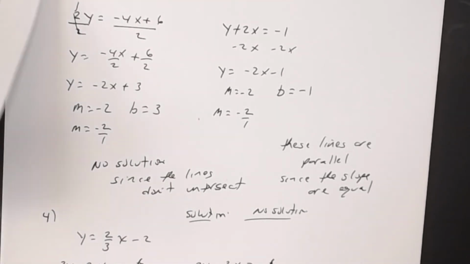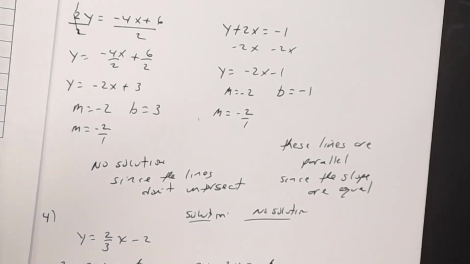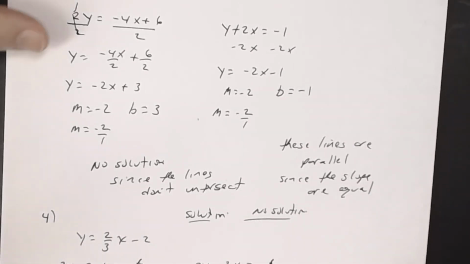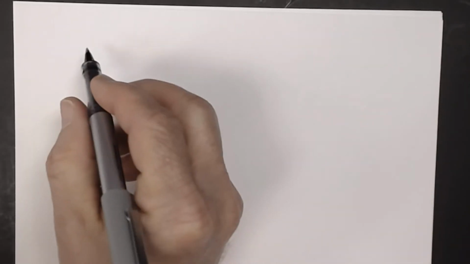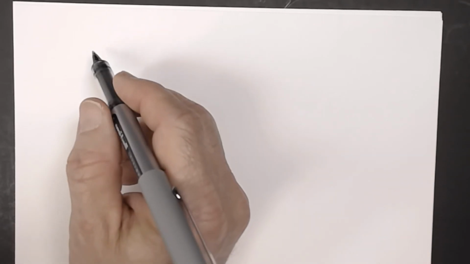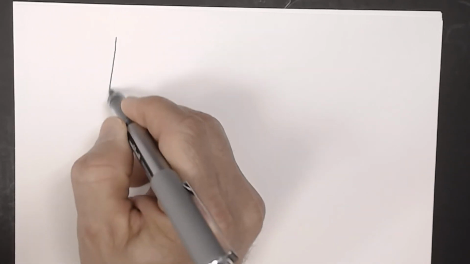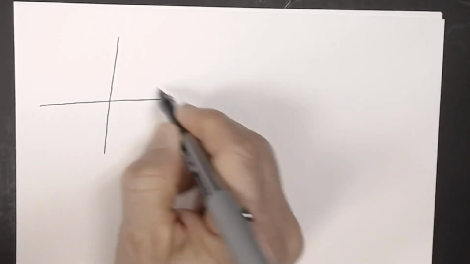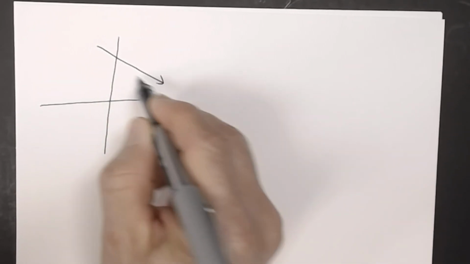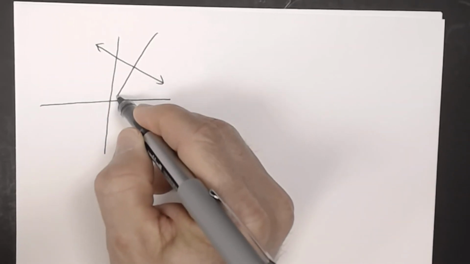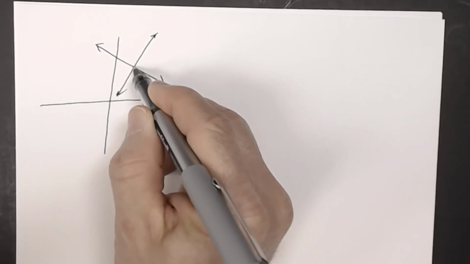Let me say this one more time. One of the things I need for you to remember is this: when solving a system by graphing, one of three things will occur. Your lines will intersect at one point, so you get one solution.